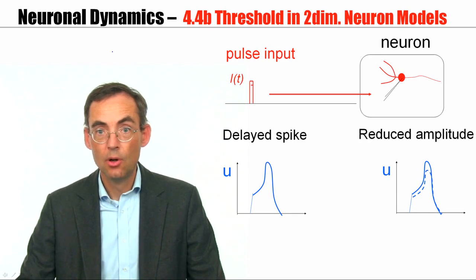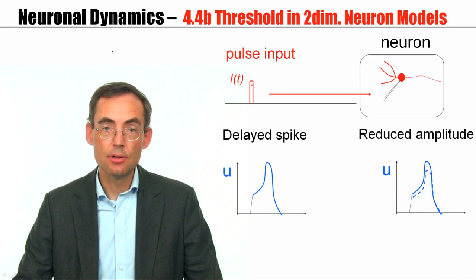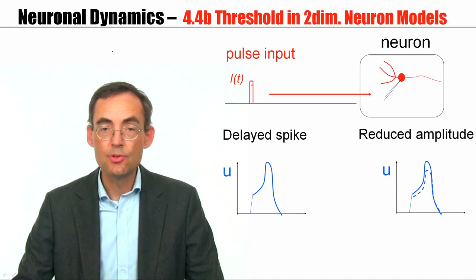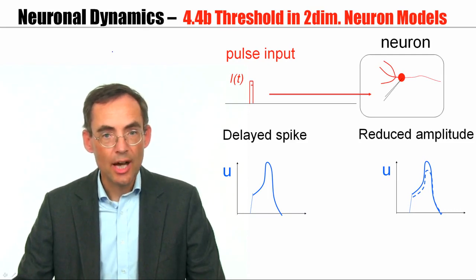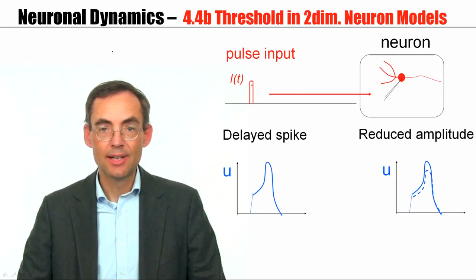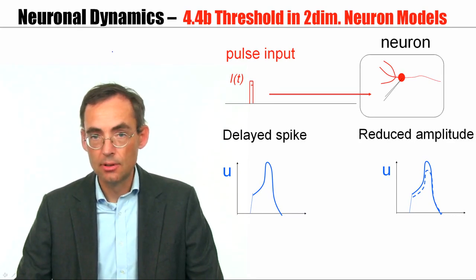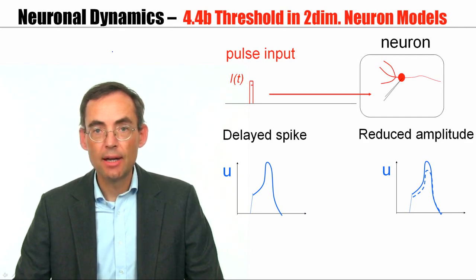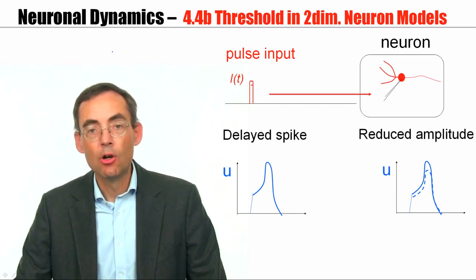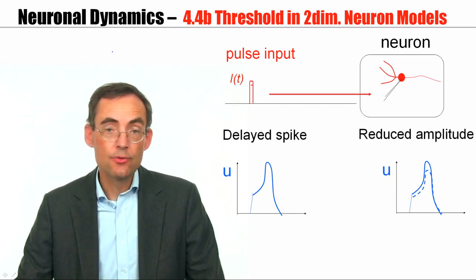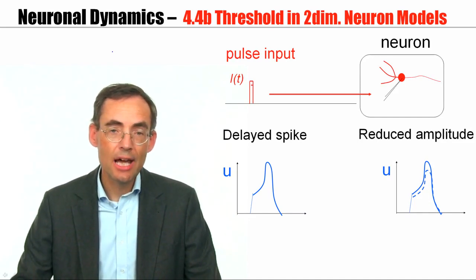To summarize, the methods of phase plane analysis allow us to discuss delayed spike initiation under pulse input or other changes of spike initiation if we reduce the amplitude of the pulse. In a type 1 neuron model that's canonically characterized by a saddle-node onto limit cycle bifurcation, delayed spike initiation is the norm. Now, for neurons, for example, with a Hopf bifurcation, the situation is different. They don't really have a threshold.